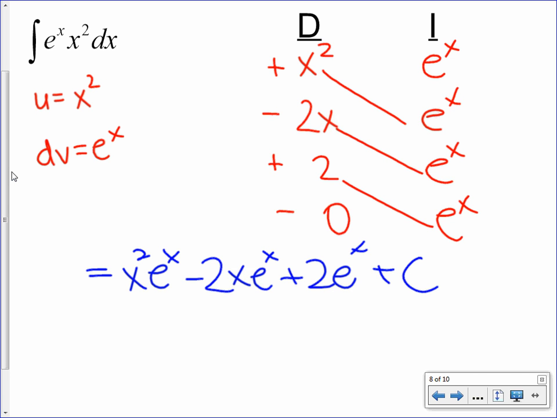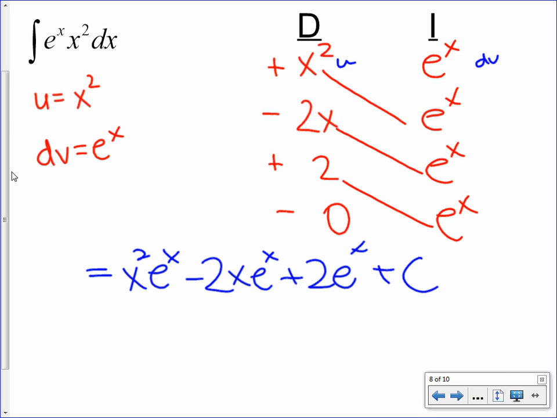The numbers you put at the top are just u and dv. So this was u, and this was dv, and then it becomes v, and dv again becomes the next one.